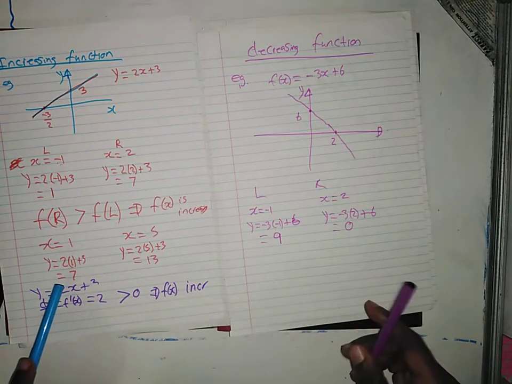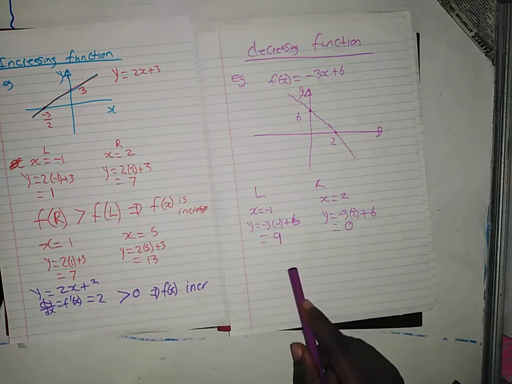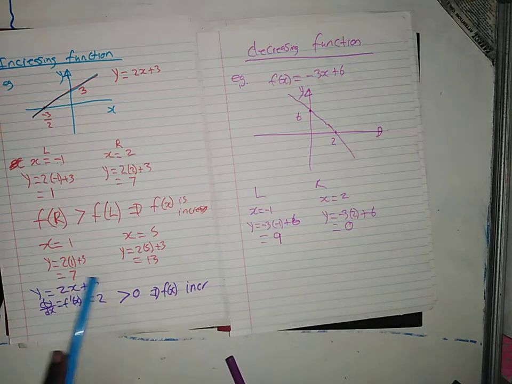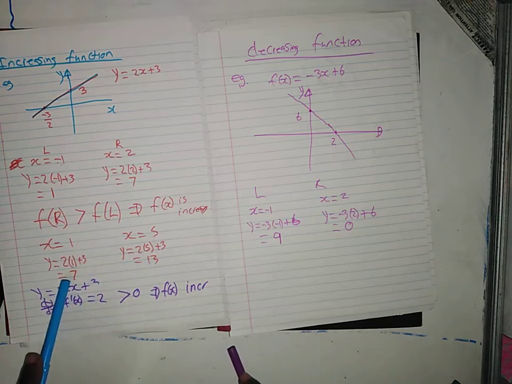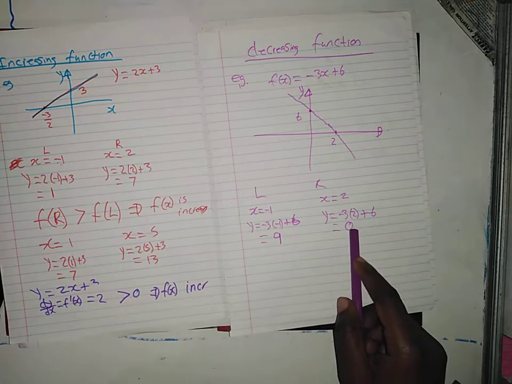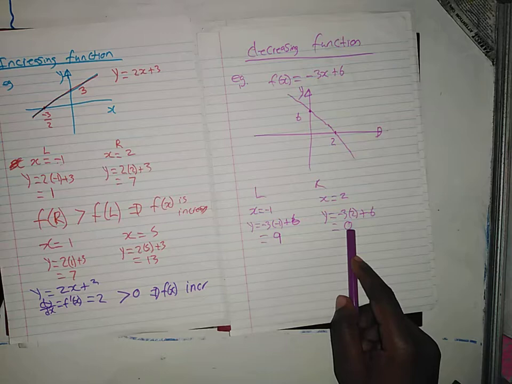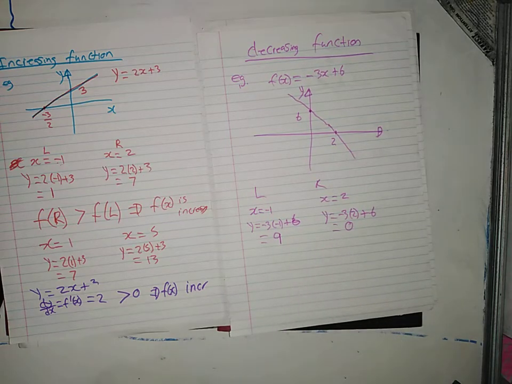Now I want you to notice this thing very carefully. I want you to look at this one. Can you see? Here, you've got this number is larger than this number. But here, you've got this number that is here on the right being smaller than the number that is on the left. So, what does that say? That says something very simple.